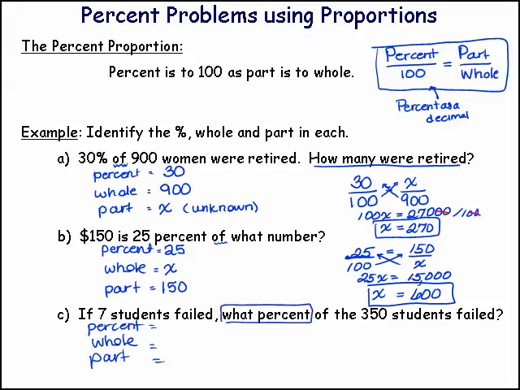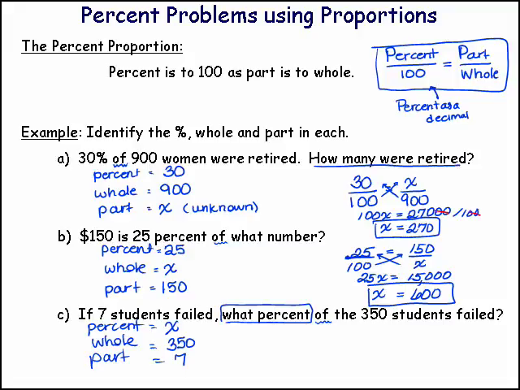What percent? That's what we don't know, x. What percent of, there's the keyword of, the 350 students failed? The number that follows the of is 350, and that's the larger group you're looking at. Then there's a certain percentage of them that something happened to, in this case, failing. And so 7 of those failed.